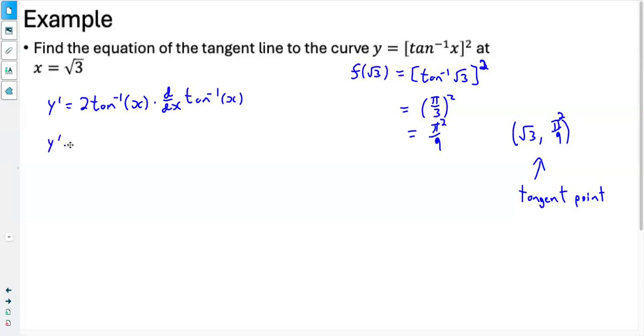So that works out to be 2 tan negative 1 of x times 1 over 1 plus x squared.